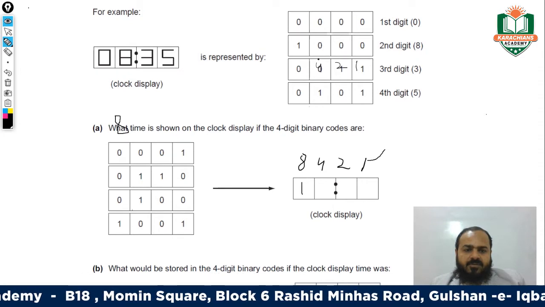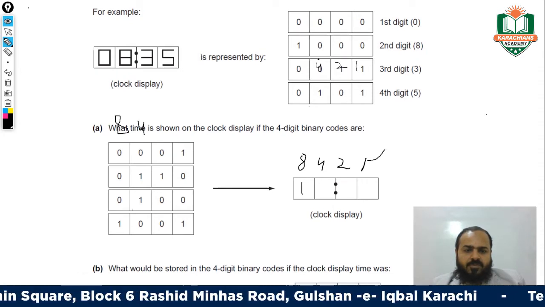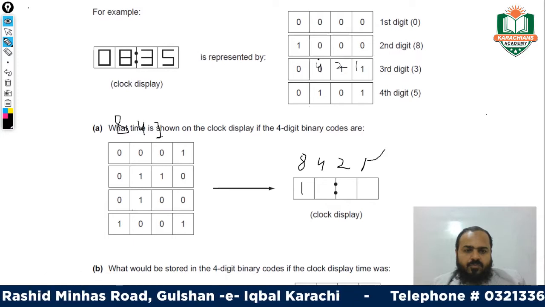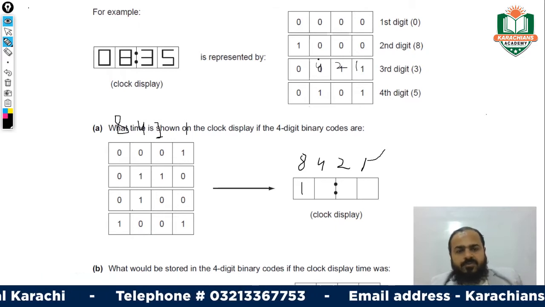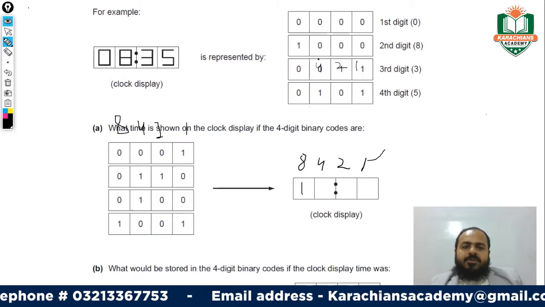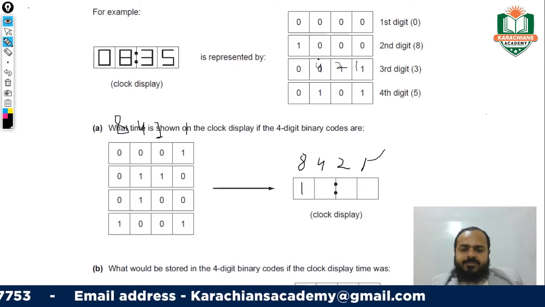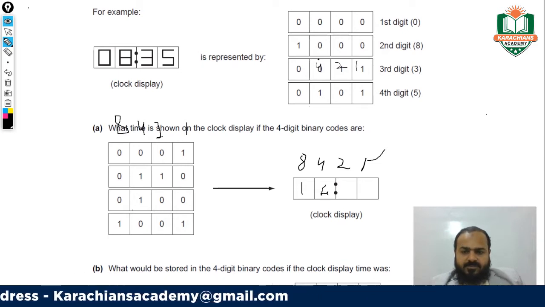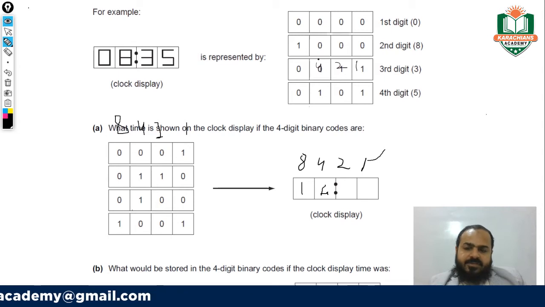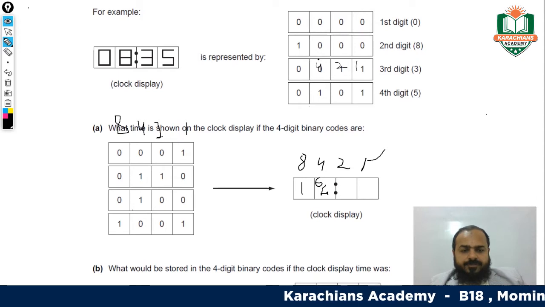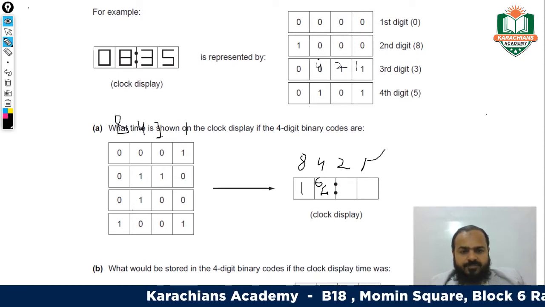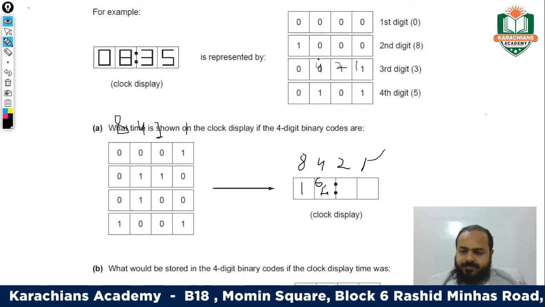4 and 2 are on. Here we put the same formula, 8, 4, 2 and 1. So 4 is on and 2 is on. 4 plus 2 is 6. Okay, and now we have the third one. Only 4 is on, so we place 4 over here.